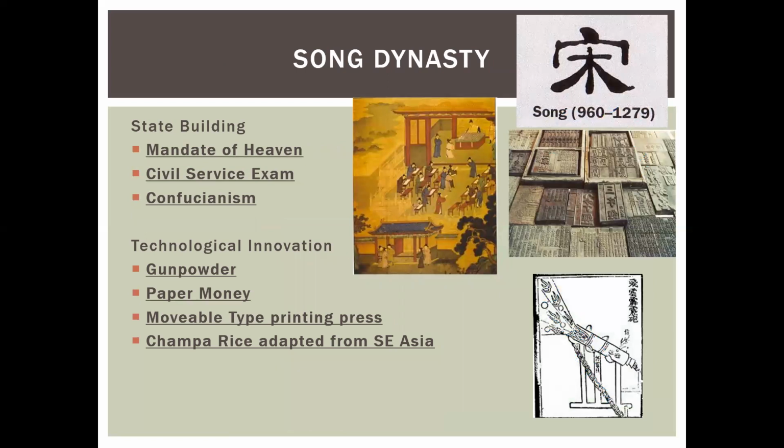The Song dynasty holds on to all of these key aspects of Chinese society: the Mandate of Heaven, the Civil Service Exam, and Confucianism. So whenever you write about East Asian society, you should always name that they are governed by the Mandate of Heaven, Civil Service Exam, and Confucianism, all the way through until you get to communism.